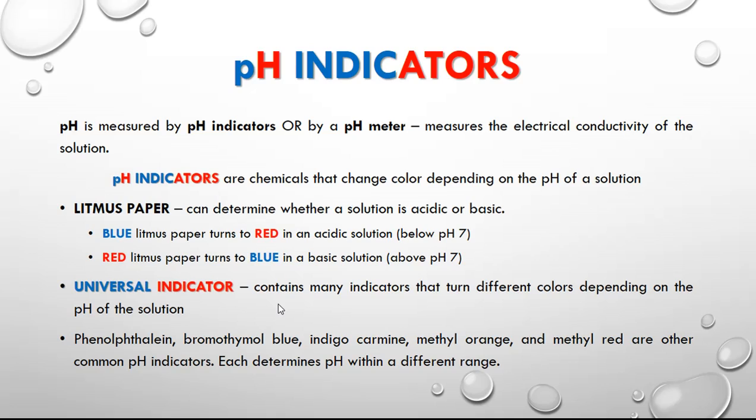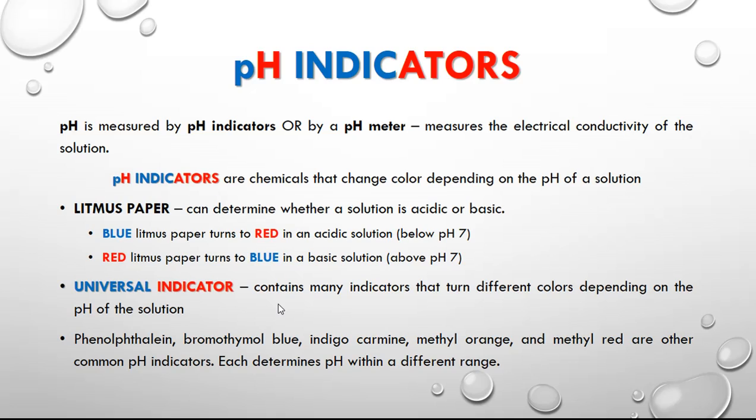So the pH would be considered above 7. But you wouldn't know if the pH would be 8, 9, 10, or 11, 12. It just gives you that this particular solution is a base or an acid. So that is for the litmus paper.